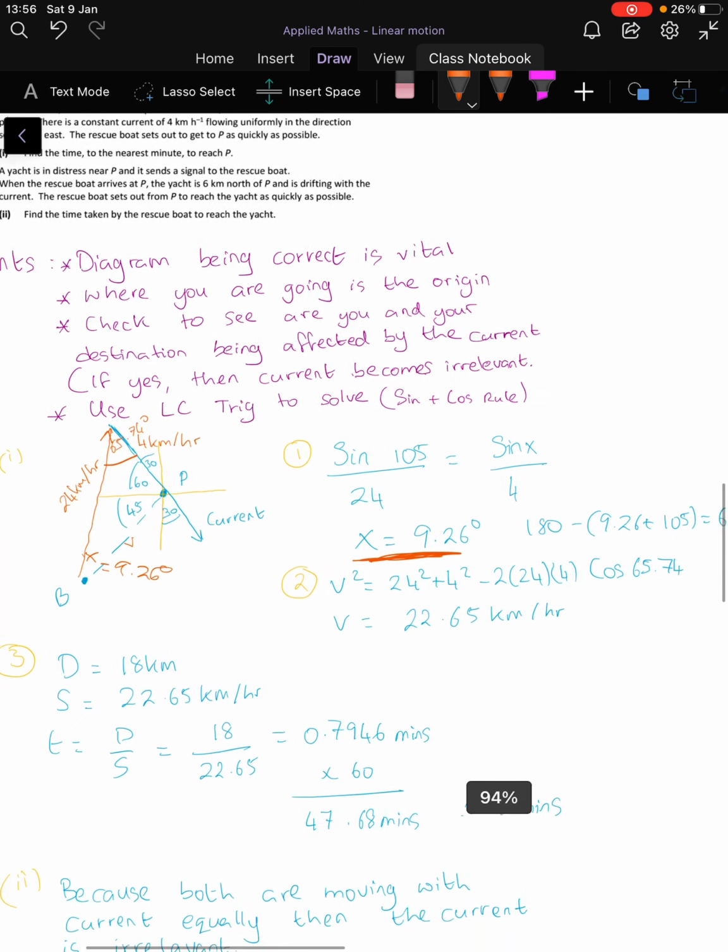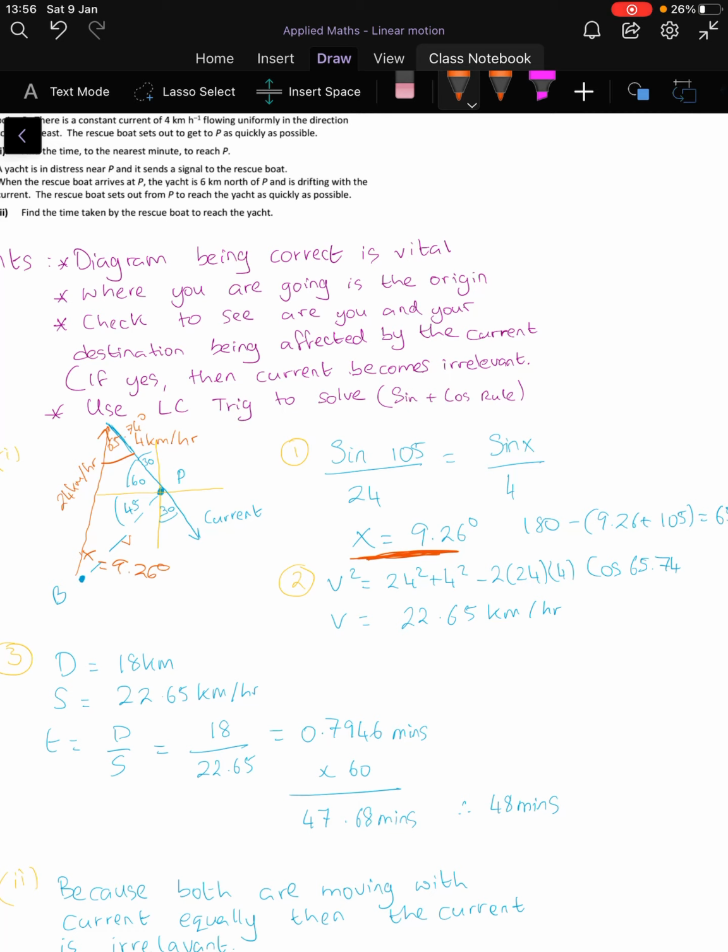If you look at part 2, I've used the cosine rule. You could have used the sine rule. It makes no difference at all. But I put all of it into the cosine rule to find this speed here. And it's going to be V squared equals 24 squared plus 4 squared minus 2 times 24 times 4, all from here, times cos of that angle, and that angle is the one in between the 24 and the 4.